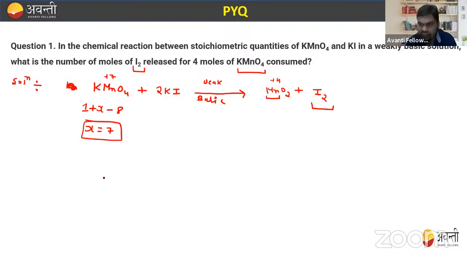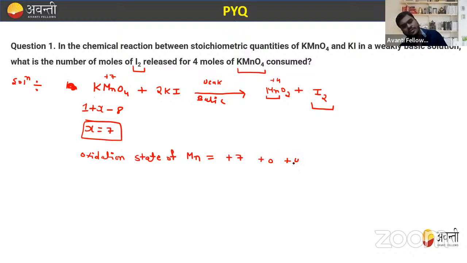What is the change in oxidation state of Mn? It changes from plus 7 to plus 4. The total change is 3.